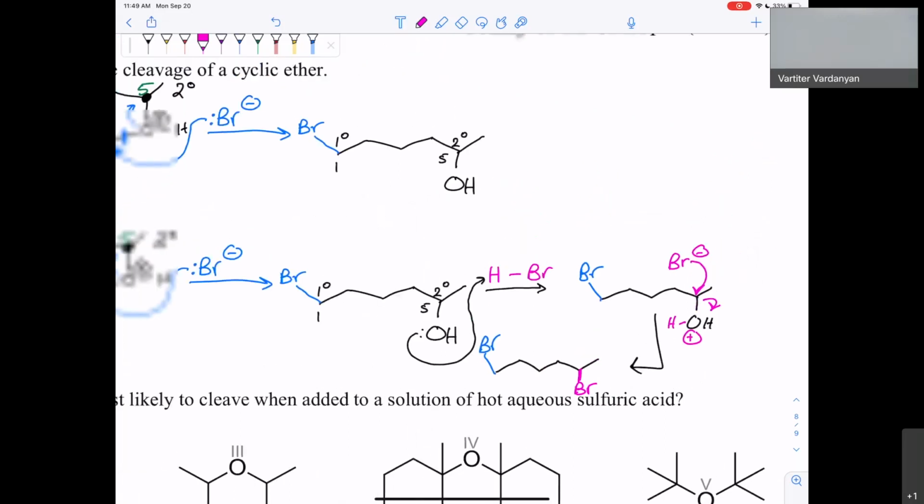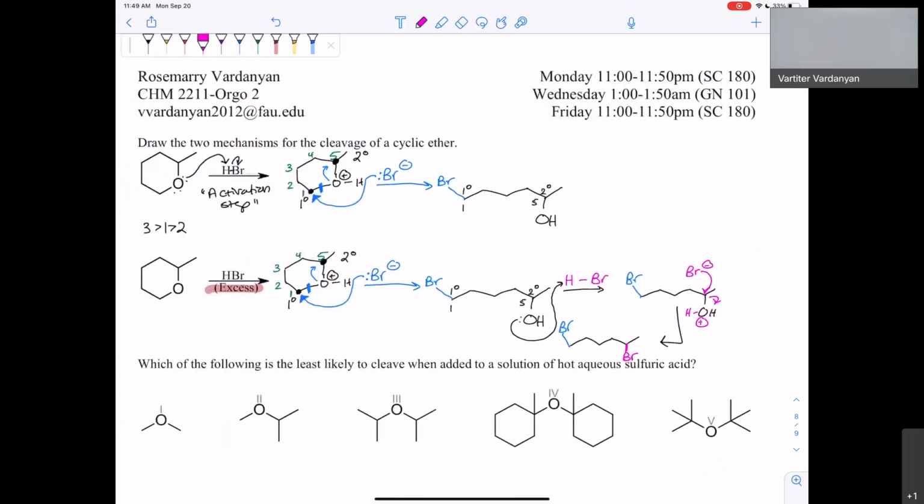So if he just gives you 1 mole of HBr, you stop at the first product. But if he gives you excess, you're going to do it one more time.